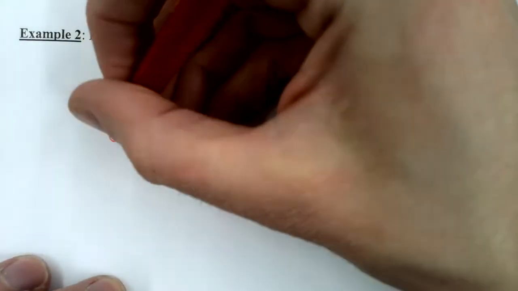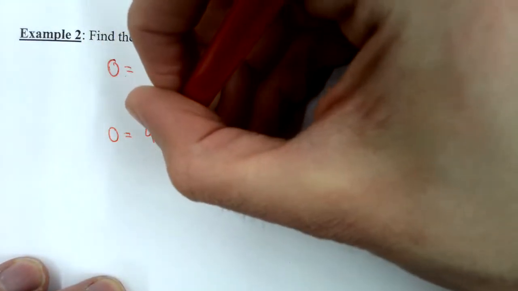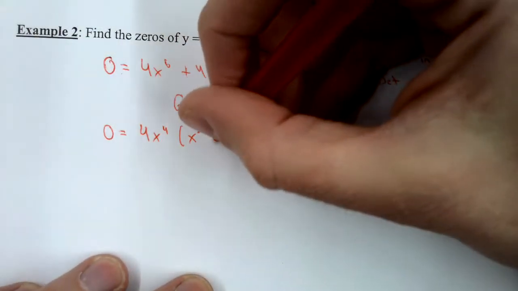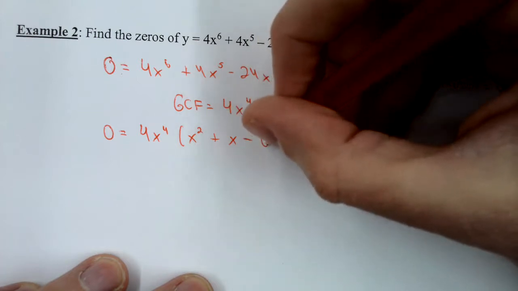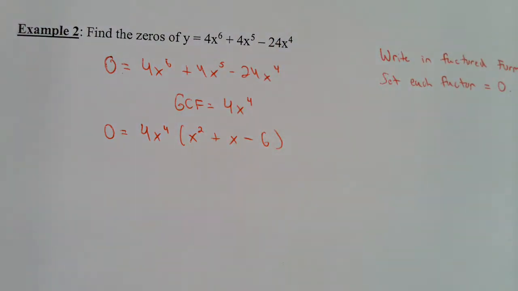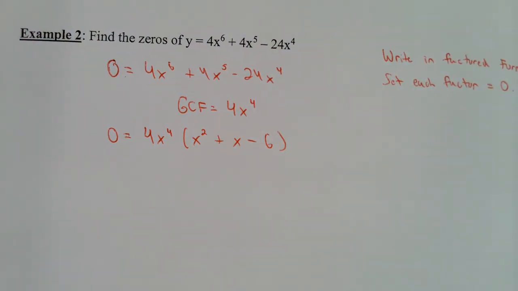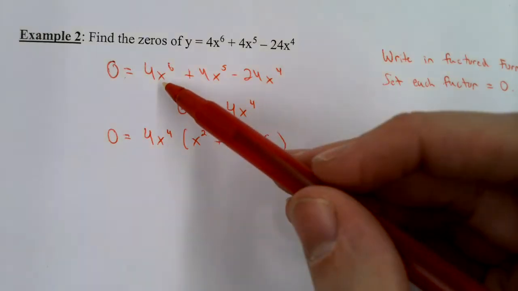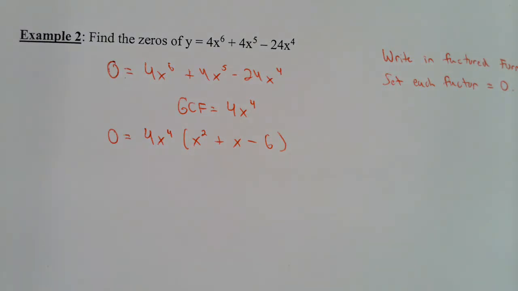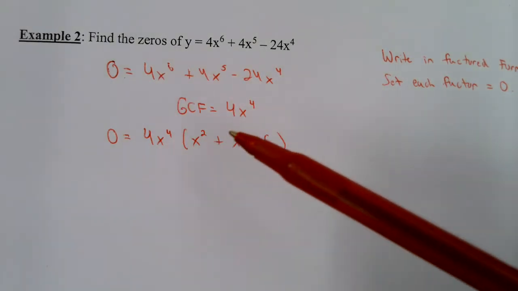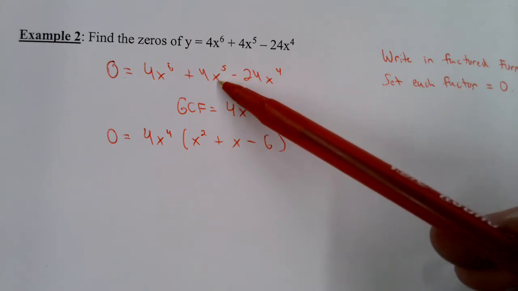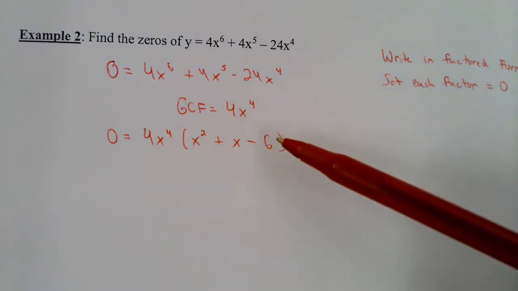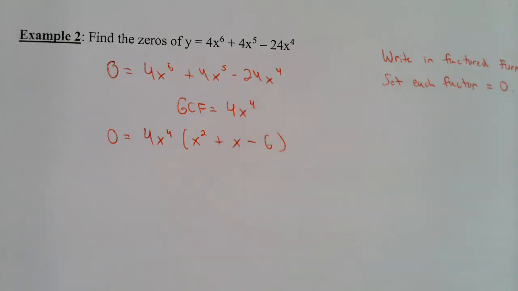So factor out the GCF of 4x to the 4th power, and it leaves you with x squared plus x minus 6. Okay? We've done factoring a lot this year, but that's what you get left over because 4x to the 4th power times x squared is 4x to the 6th power because you add the exponents. And then 4x to the 4th power times x is 4x to the 5th power because you add the exponents. And then 4x to the 4th times negative 6 is negative 24x to the 4th.